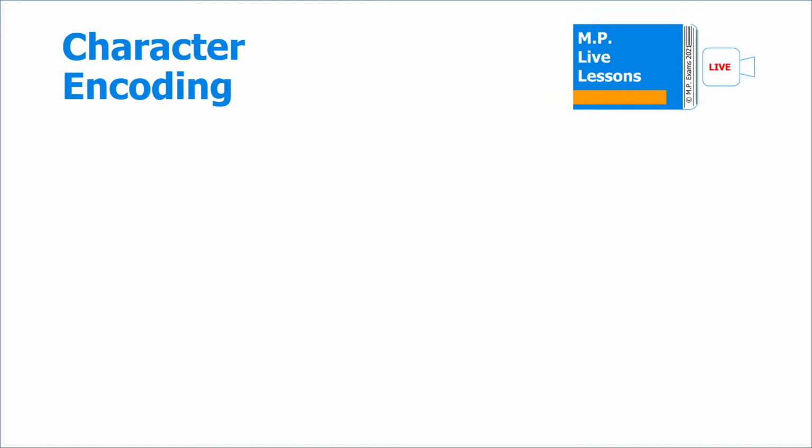Next is character encoding. So this is more useful, let's say, for text or text documents. Again, character encoding is what we call a lossless form of compression. This is where we can restore the original quality.